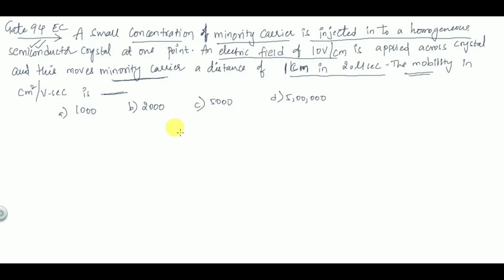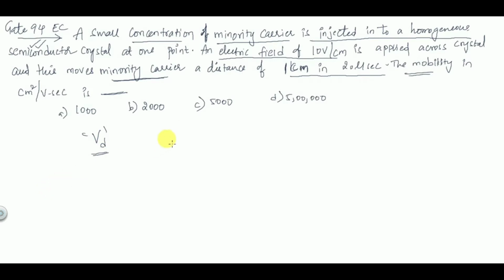In the video on mobility I have clearly explained the relationship between drift velocity and mobility. When you apply an electric field, the charge carriers move, and that type of velocity acquired by the carrier is called drift velocity, represented by Vd.